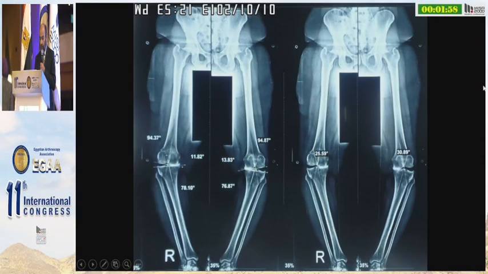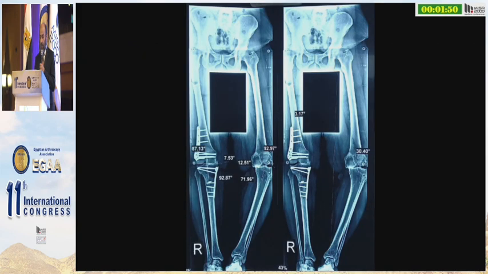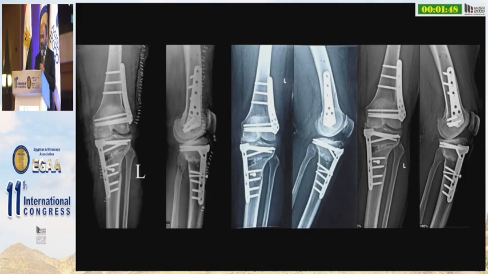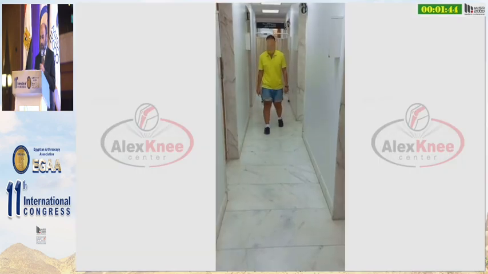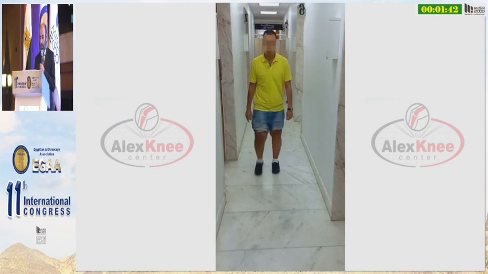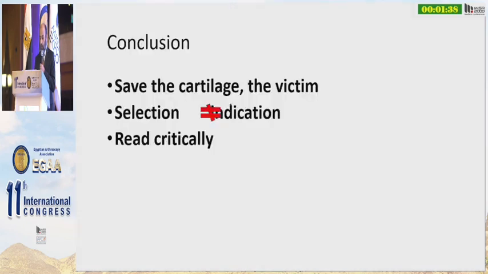That's his stitching film, severe degree of varus deformity on the right as well as on the left side. This is what I did for the right side, double level osteotomy, which is very successful. He came back to me asking to do the left side. I did the left side, and this is the final stitching film. And this is him walking after having both procedures. He's back to life, a 39-year-old employee.